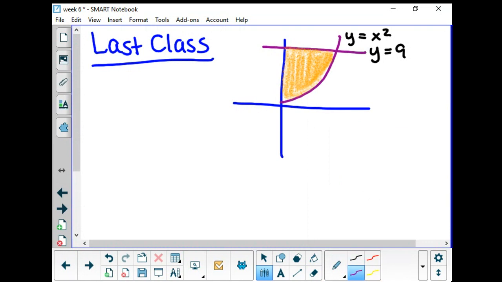So we talked last time about organizing a function, the graph, by looking at a top function and the bottom function.